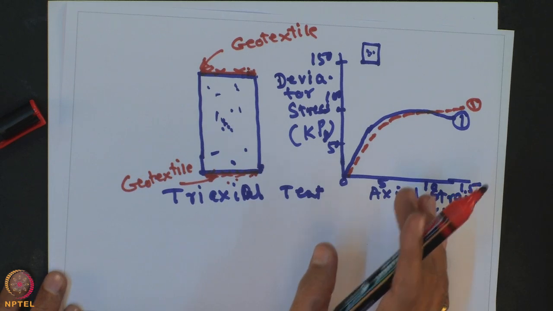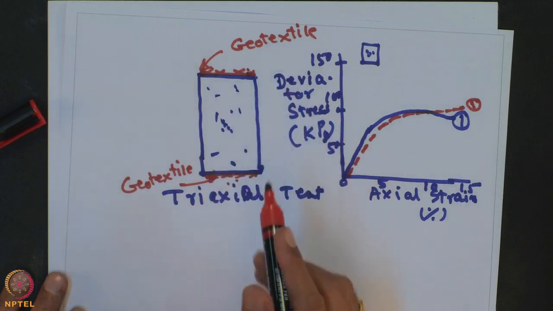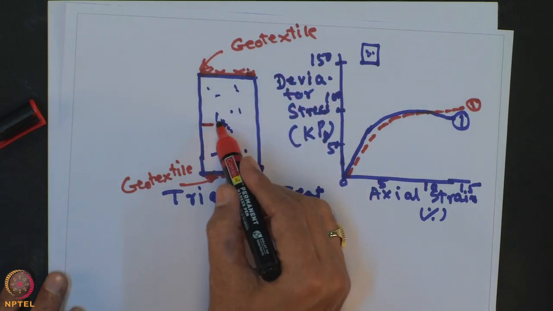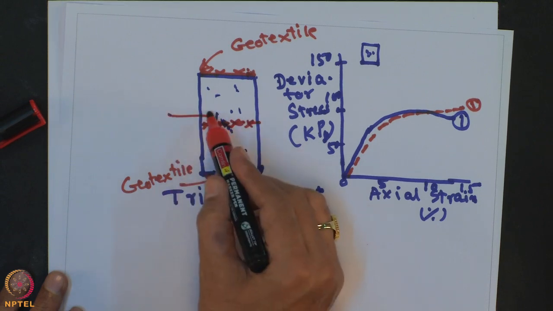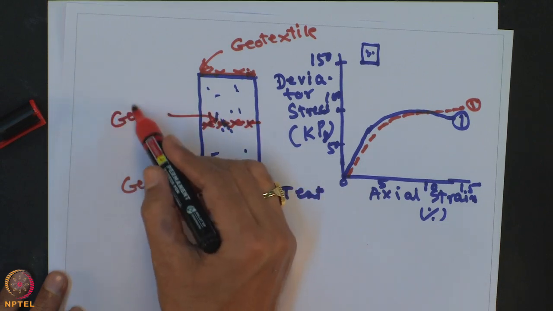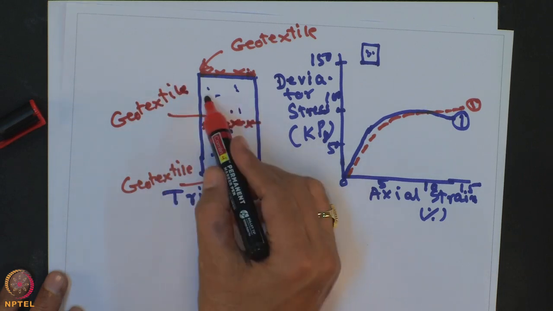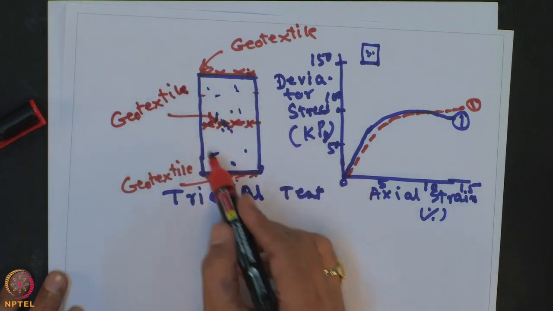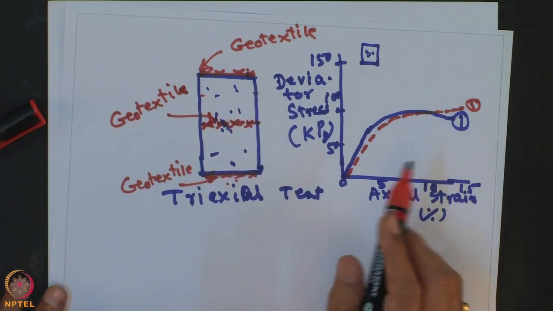Now, if I place the geosynthetic material in the central portion of the Triaxial sample, let us say you place this geotextile material in the central portion of the sample. You can place also here, you can place also here, at 1/3, 2/3, okay.